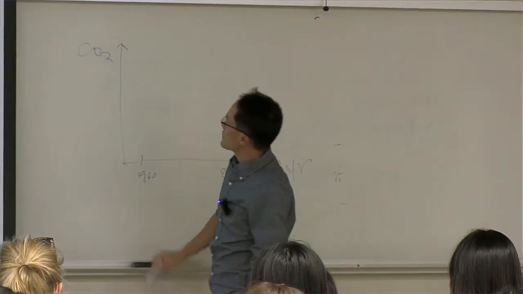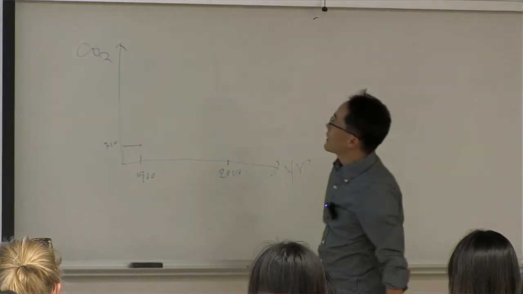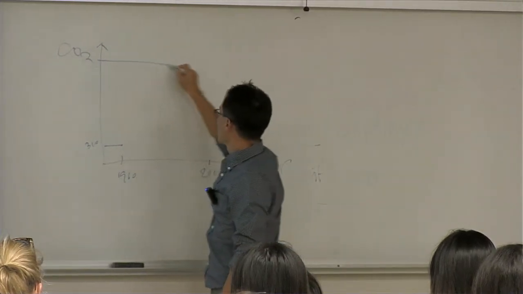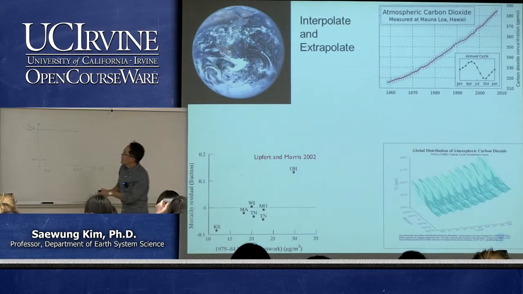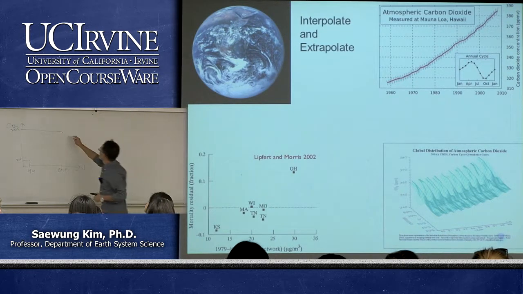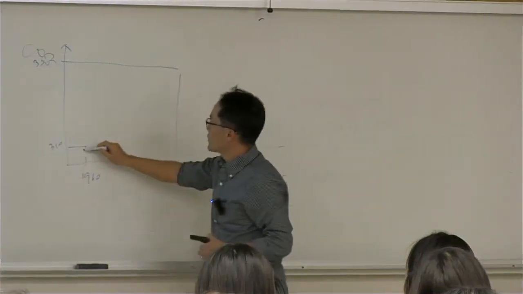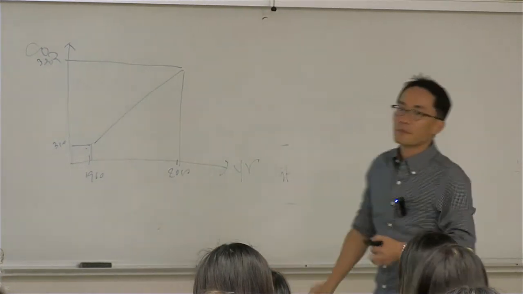Then 1960 is about 310 ppm, and then 2010, it's about 380. Although there's an annual cycle, if you take a look at the grand schematic, the concentration seems like it is increasing linearly.